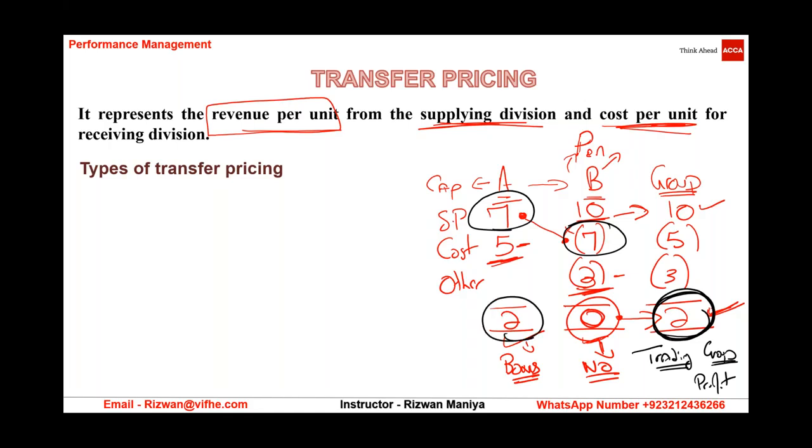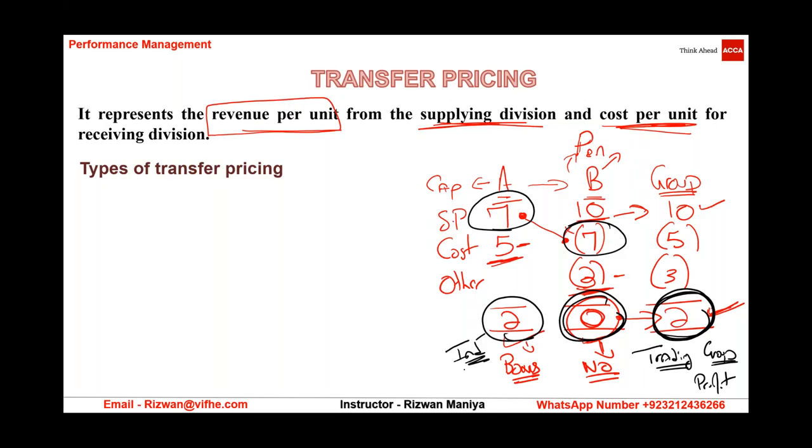Individual profits got affected, which means if two divisions are trading with each other, listen to what I'm saying and write it down: group profits will not change, whereas a change in transfer price will have an impact on individual profits.